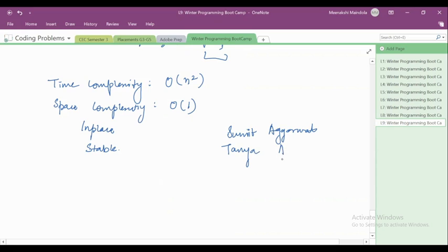Here, in Sumit Agarwal, the spelling of Agarwal is double G, while in Tanya Agarwal's name, the spelling of Agarwal has only a single G.